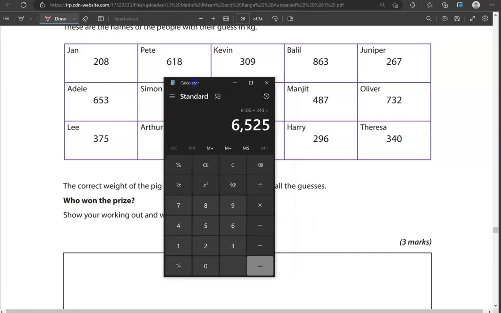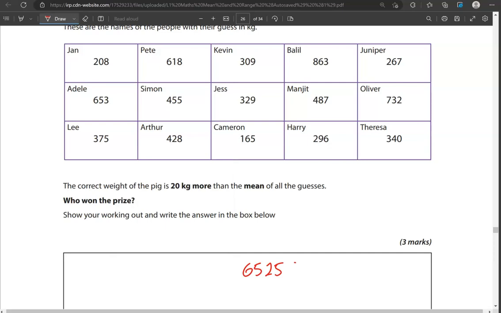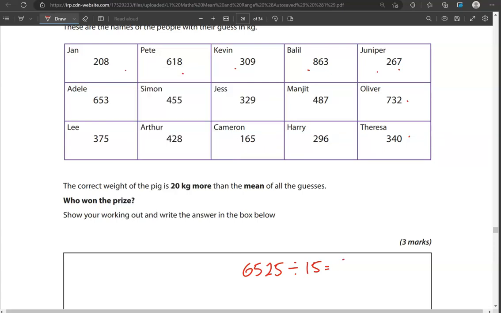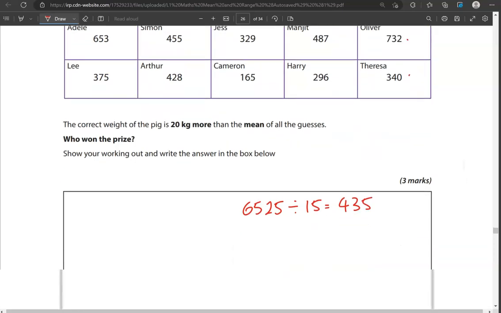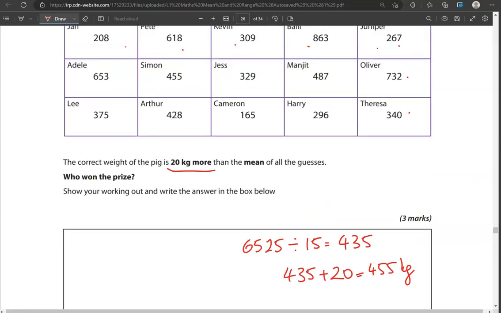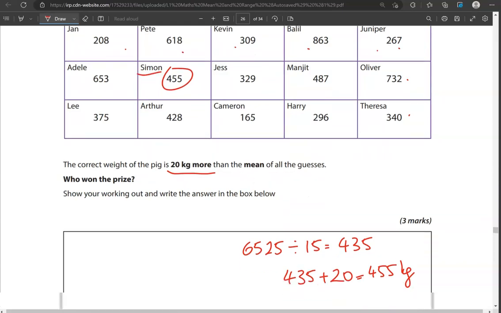So that is 6,525 divided by 1, 2, 3, 4, 5 times 1, 2, 3, which is 15. So that is 435, the mean. So 20 kilograms more than that, 435 add 20 gives us 455 kilograms. So who said that? 455. That's Simon.